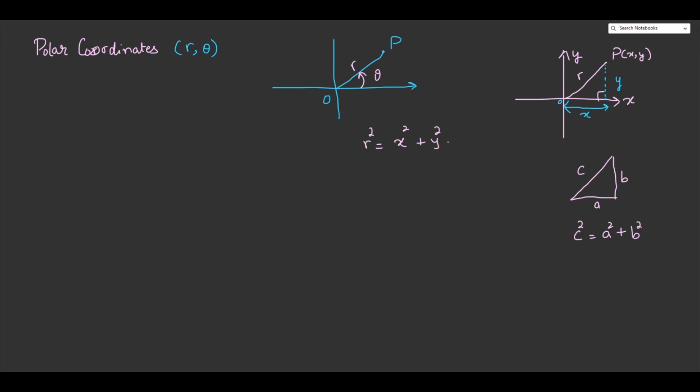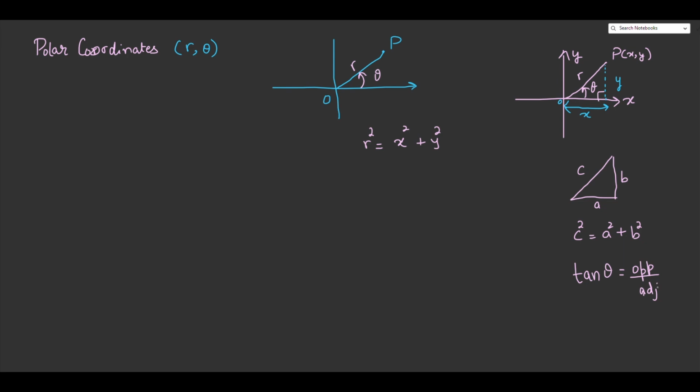And the second equation we are going to get, for example, this is theta, and from our previous knowledge about trigonometry, we know that tan theta is equal to opposite over adjacent.